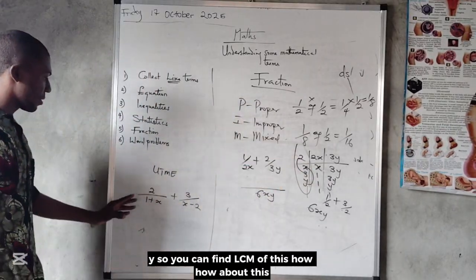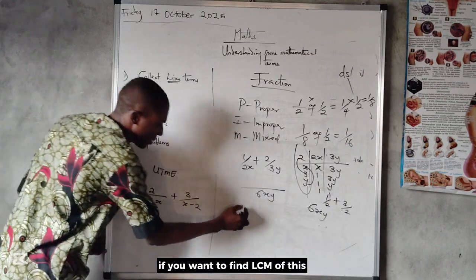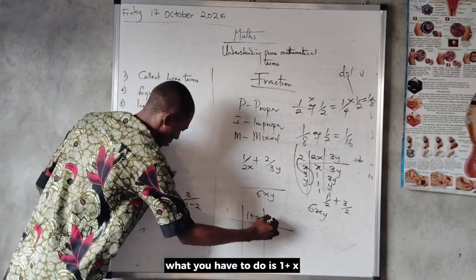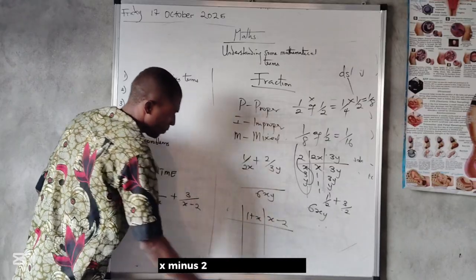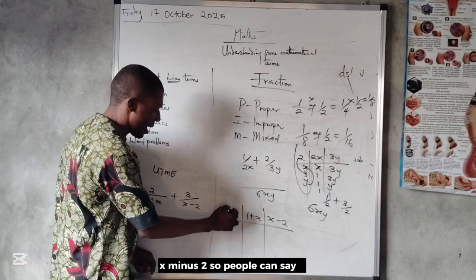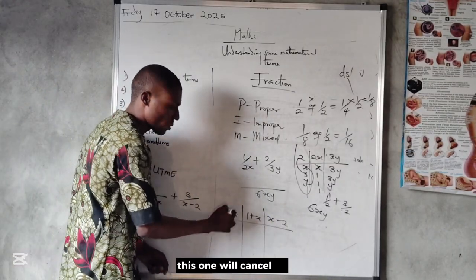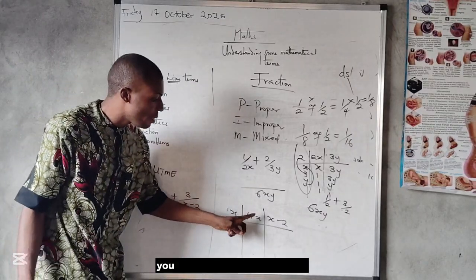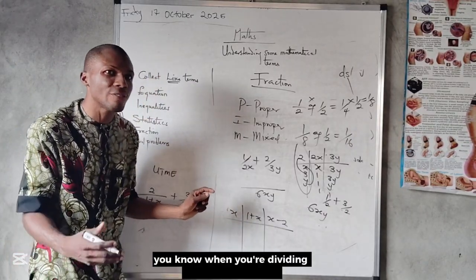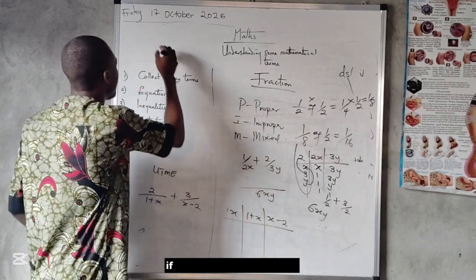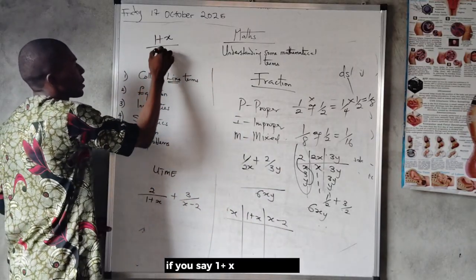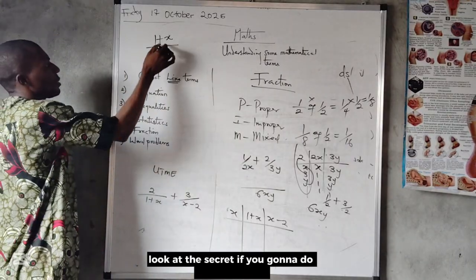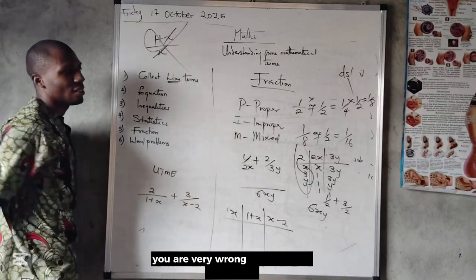How about this? If you want to find LCM of this, what you have to do is 1 plus x, x minus 2. Some people will go and say x, this one will cancel. No, it's not possible. Remember, you only cancel when you are dividing, that's another thing. If you say 1 plus x divided by x, look at the secret. If you cancel here, you are very wrong.